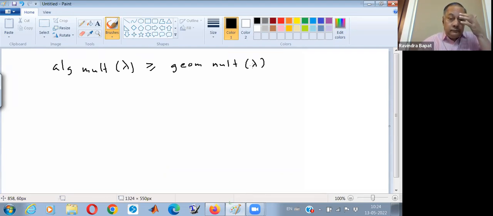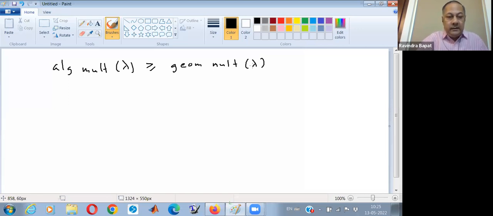Now a good example where the inequality is strict. If you take a real symmetric matrix, all the eigenvalues are real, and there the algebraic and geometric multiplicities are equal. Or if you take a diagonal matrix, which is symmetric, then also they are equal.